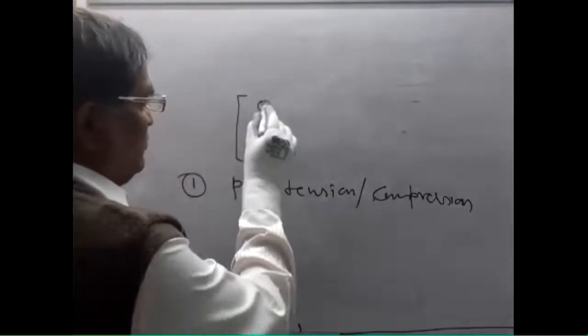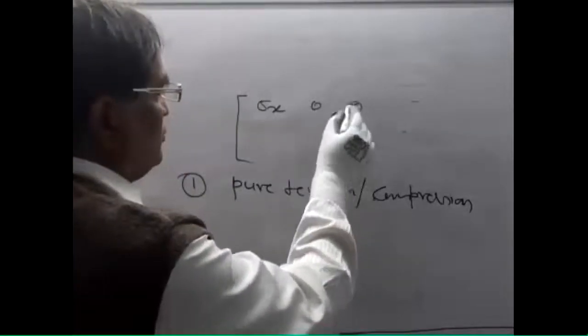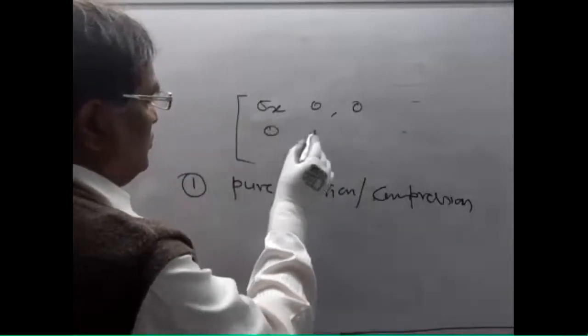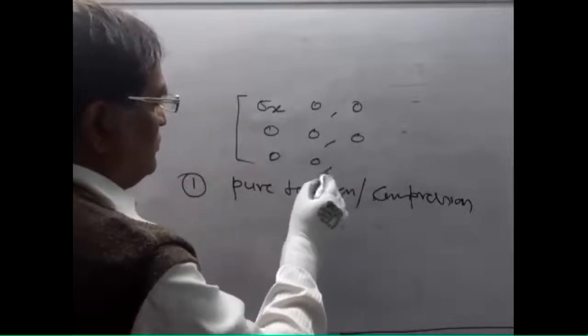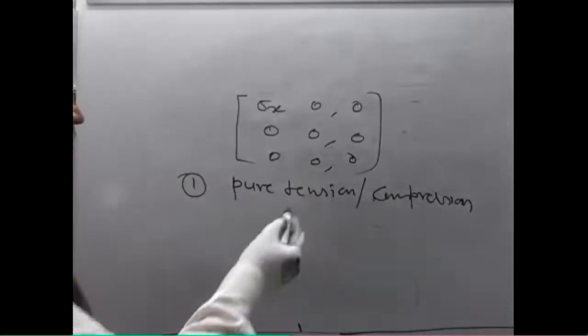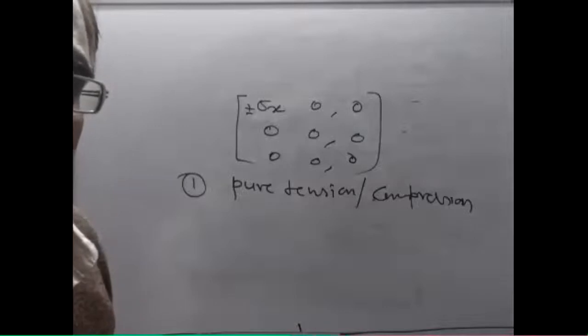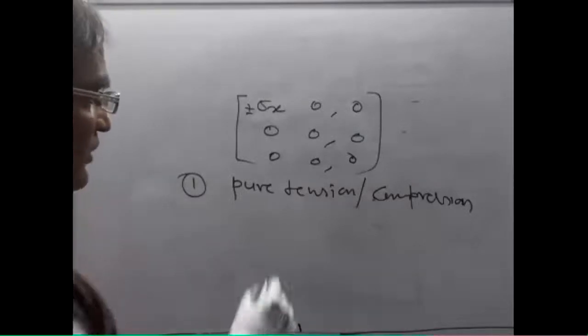Then this will be, in the one-dimensional case, 0 0 0 0 0. It can be tension or compression, so that's why it is called pure. Pure means there is no shear component.